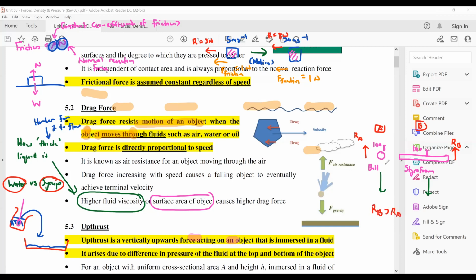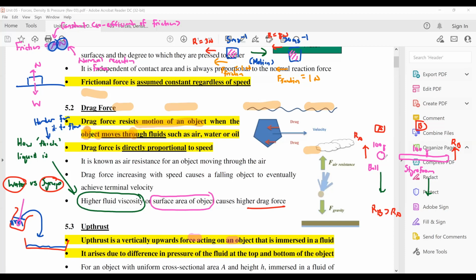Even though you have objects with the same mass, released from the same height, released through the same fluid, when these two objects drop, the object with the higher surface area will actually experience a higher drag force. So surface area will actually affect the amount of drag force that you encounter.